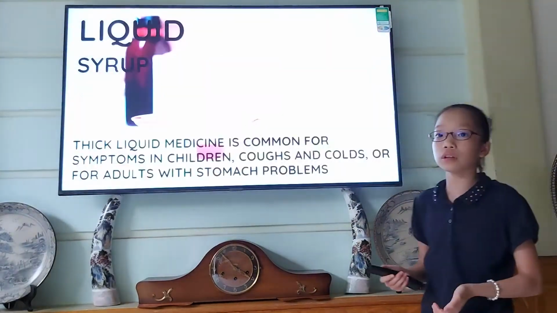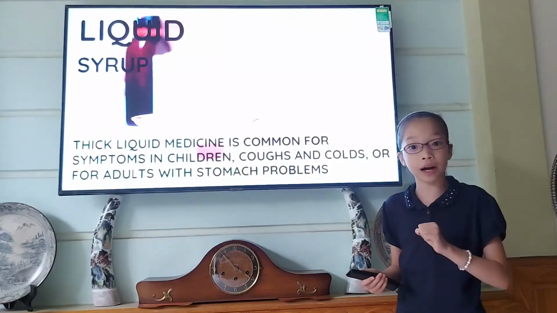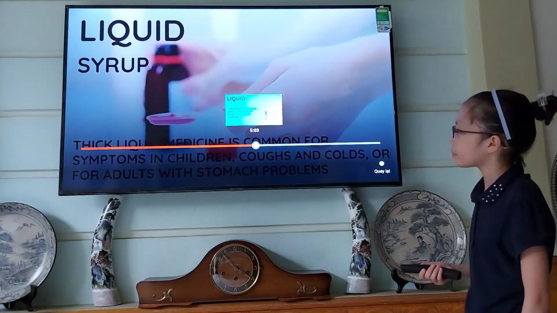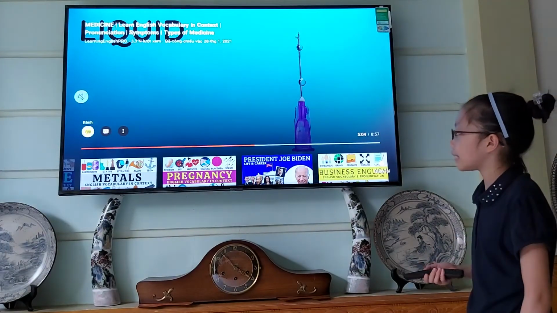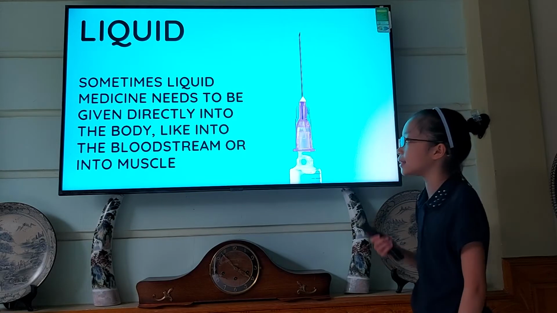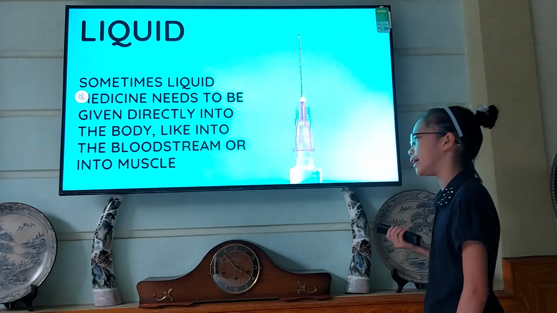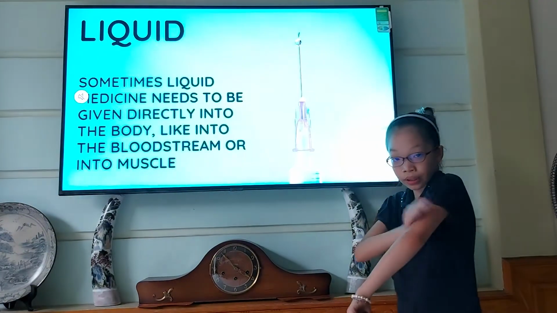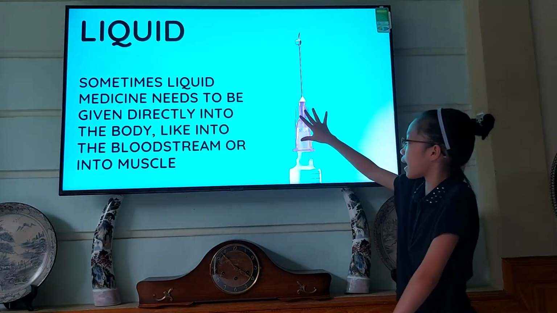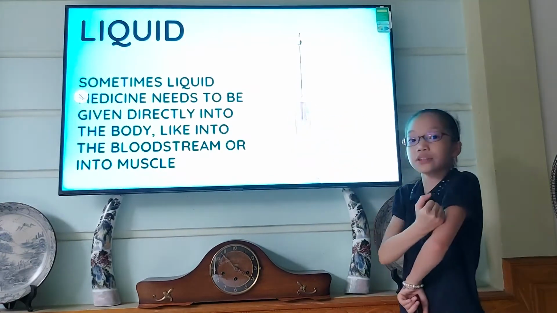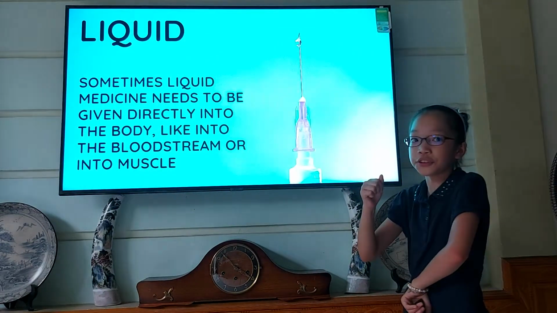For example, like we learned before, there's a cough syrup, right? It's very sweet. I love cough syrup. Sometimes liquid medicine needs to be given directly into the body, like into the bloodstream or into muscle. So into your muscle, you can take this kind of injection. Take an injection and boom, into your muscle or even in the bloodstream.